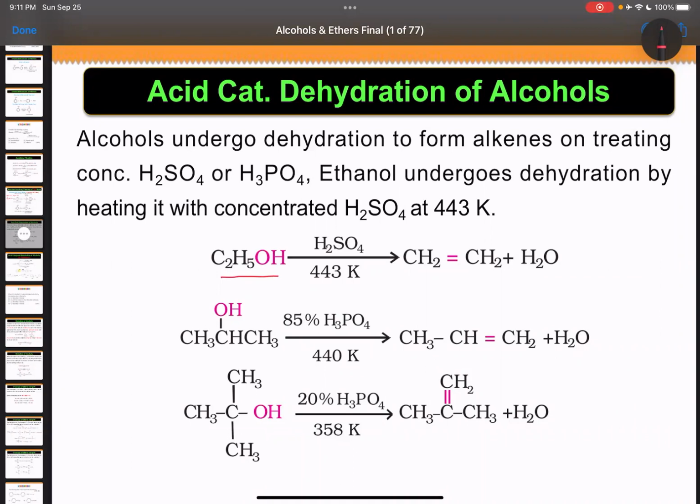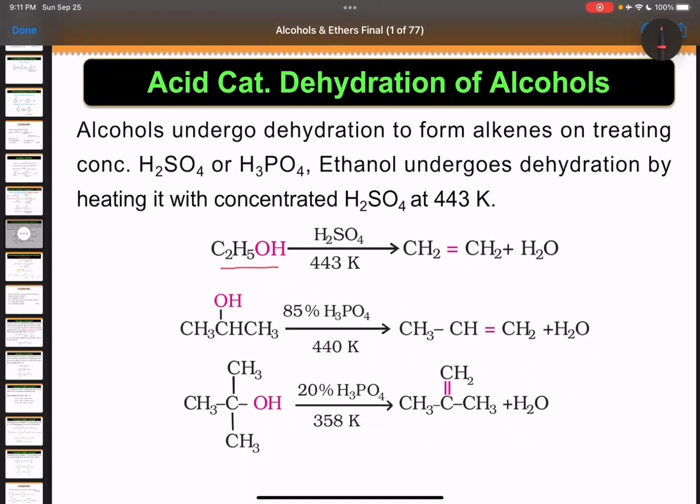It's asked many times in all the examinations, right from CBSE boards to your NEET, JEE Main, JEE Advanced. That is very important. So it is 170 degrees for ethanol, but for higher alcohols, it's not going to remain the same. It's going to come down.